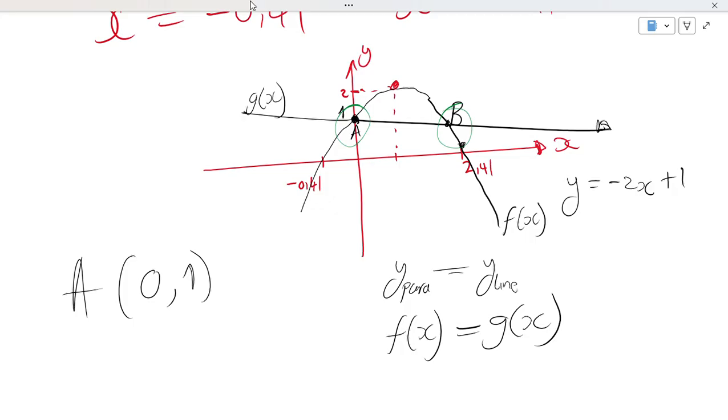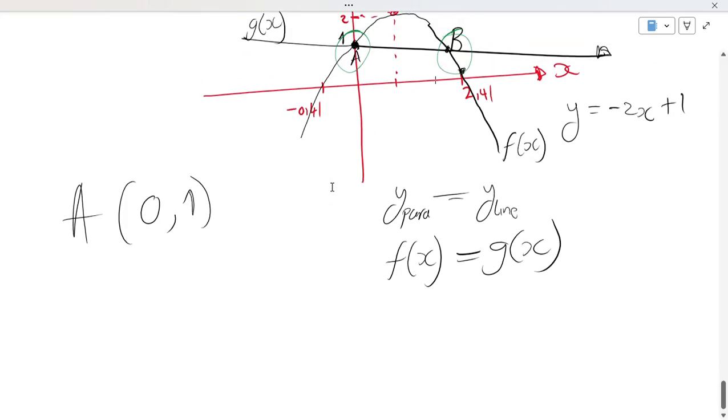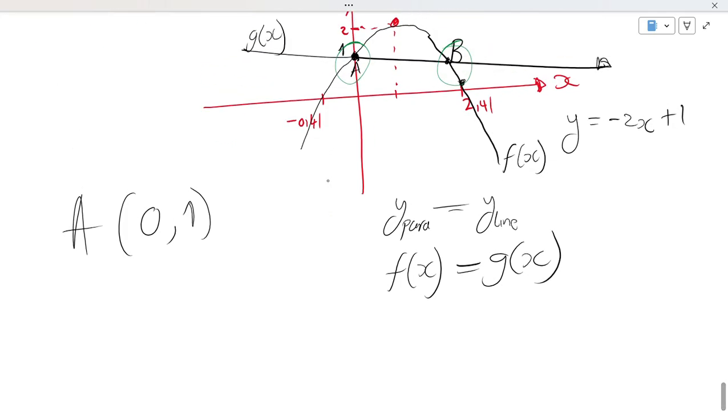So how do we solve them? We substitute the equations in. The equation for the straight line is y equals negative 2x plus 1.